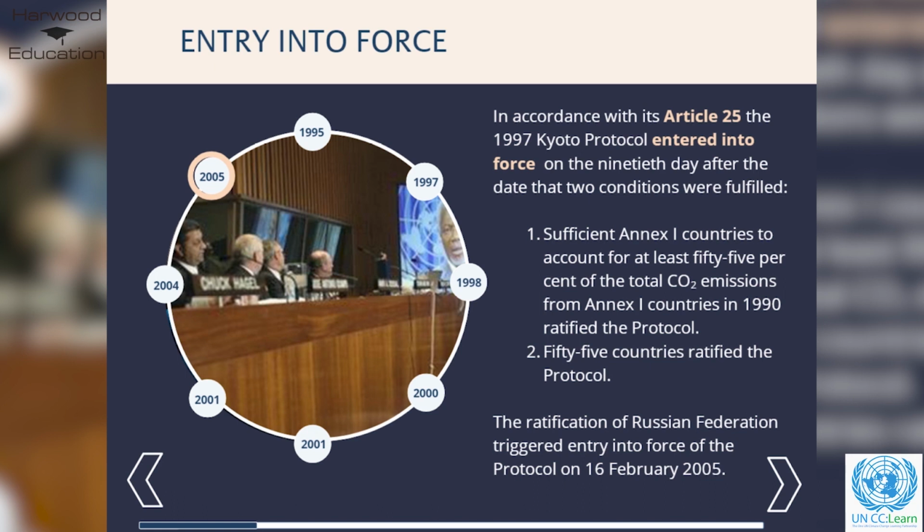Sufficient Annex I countries to account for at least 55% of the total CO2 emissions from Annex I countries in 1990 ratified the protocol. 2. 55 countries ratified the protocol. The ratification of the Russian Federation triggered entry into force of the protocol on 16th February 2005.